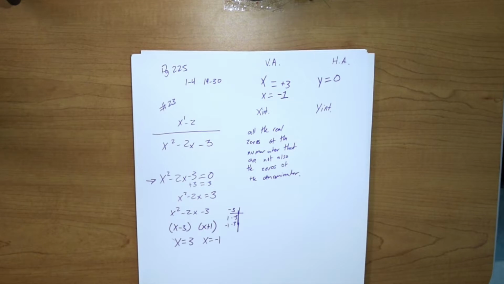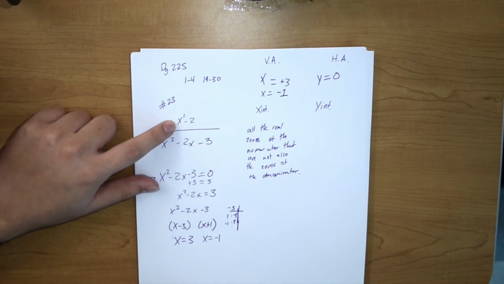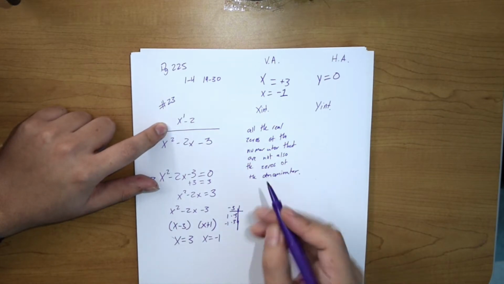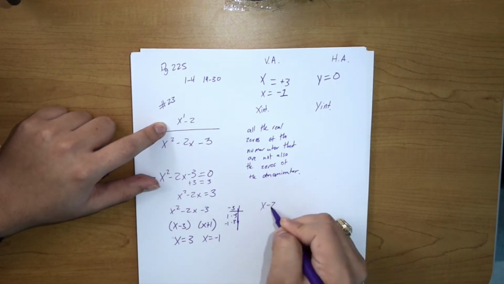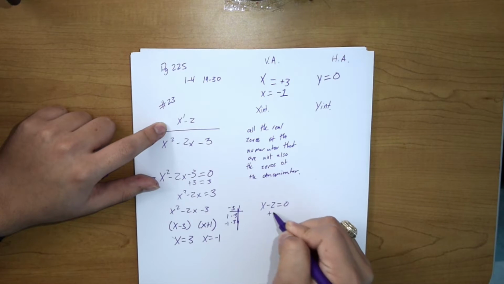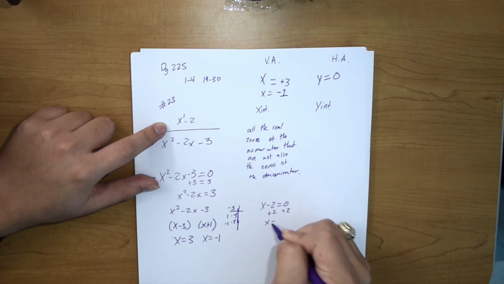What does this mean? All this means is that we take x minus 2 and set it equal to 0. Then we solve, so we add 2 on both sides. x is equal to 2.